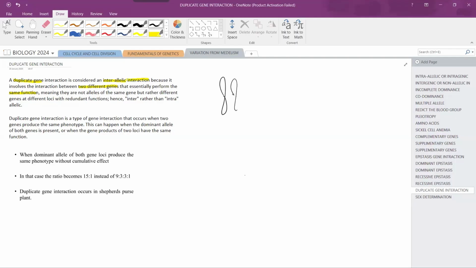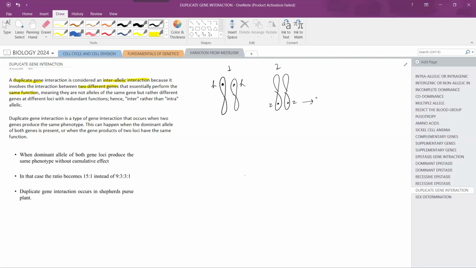So it is like that. Suppose this is chromosome number 1 and this is chromosome number 2. There is a gene for hair color, and at chromosome number 2, there is another gene.